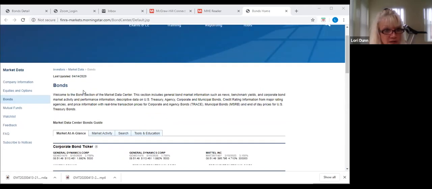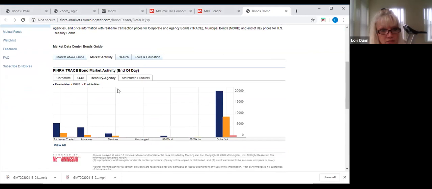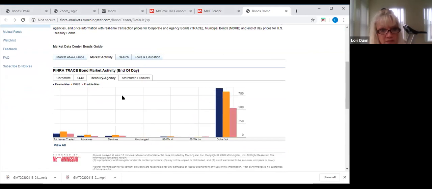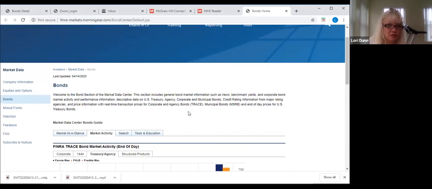So you can come out here and get information. Here's market activity. Okay, how much it's changing, the corporate bond trading, treasury, that's government. Okay, and you could see Fannie Mae's one, Freddie Mac. Okay, so there's all kinds of information out here.